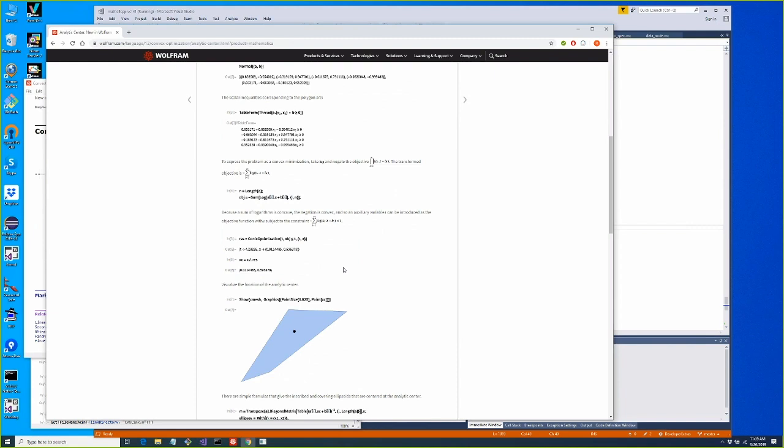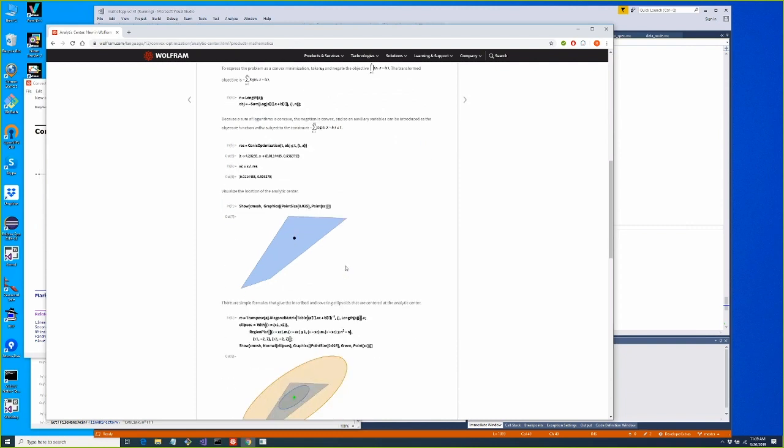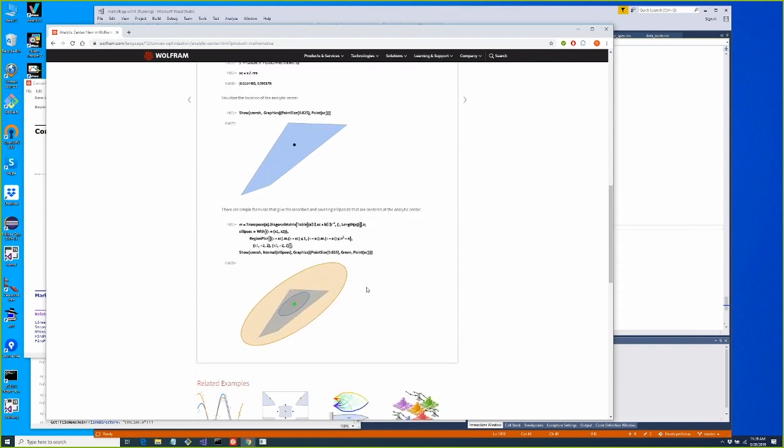So this ends up being an exponential cone constraint problem, and this gives us the analytic center. And these give an inscribed ellipsoid and a covering ellipsoid from the analytic center. This minimizes the distance.